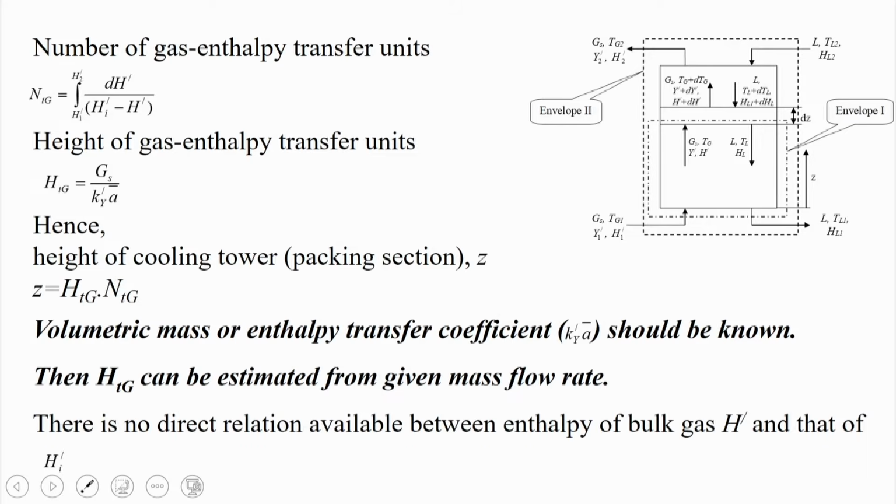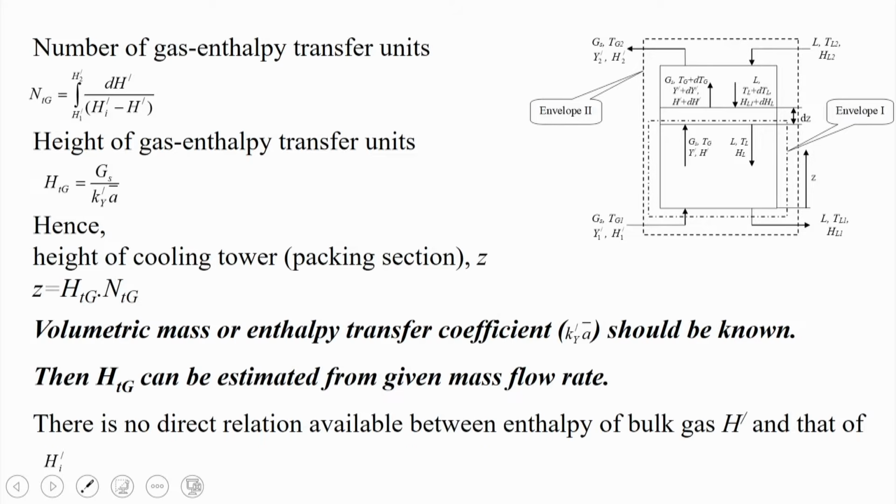So, the volumetric enthalpy transfer coefficient should be known. If we know k_y' into a', then only we will be able to get HTG. Then HTG can be estimated from the given mass transfer rate.